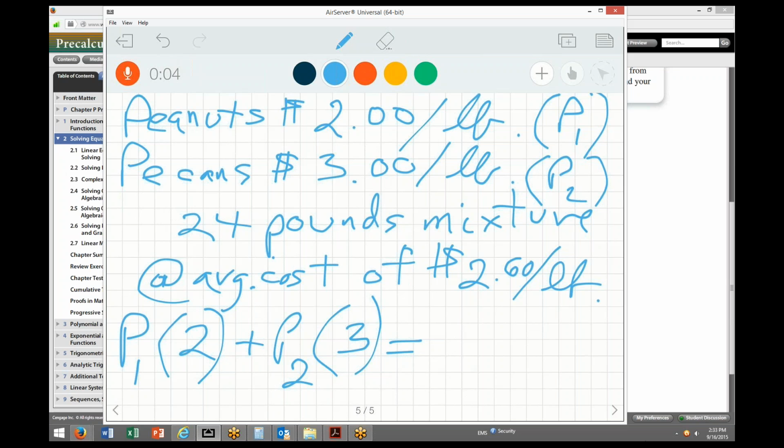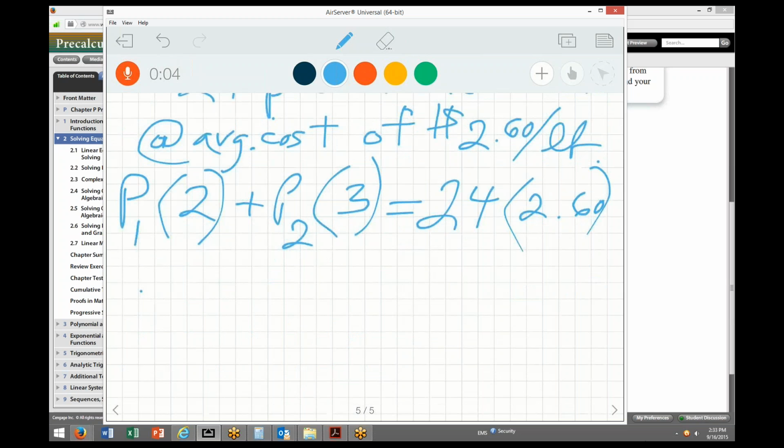So what does that mean? We have that equation, and we also have the equation that P1 plus P2 equals 24.